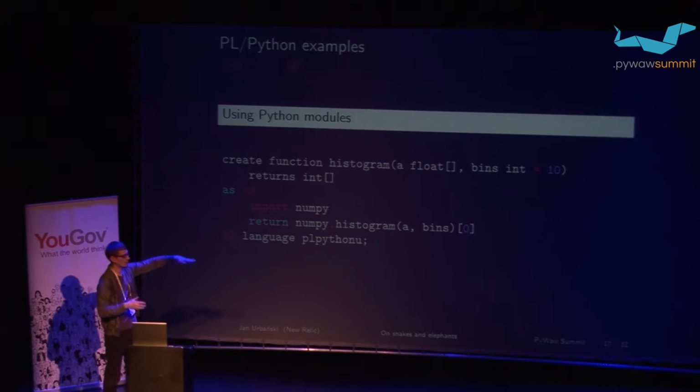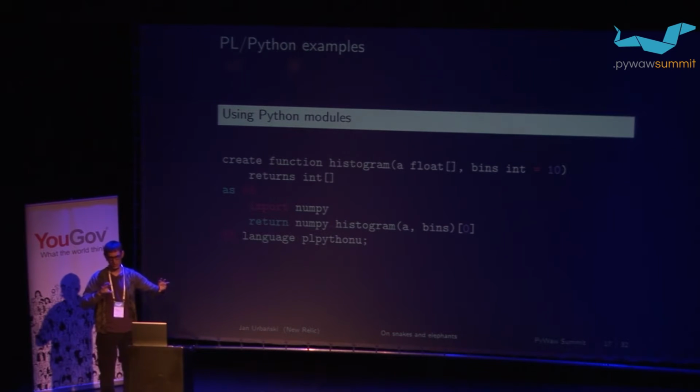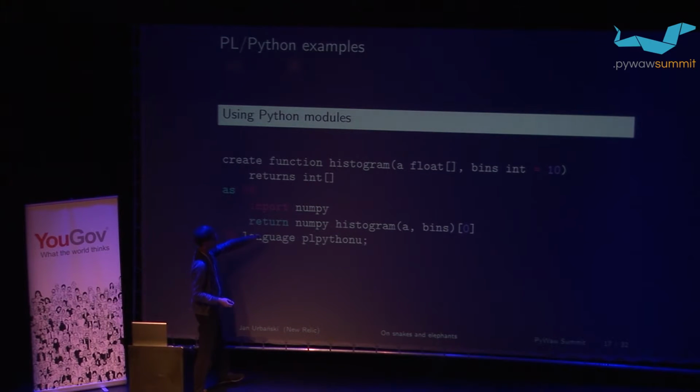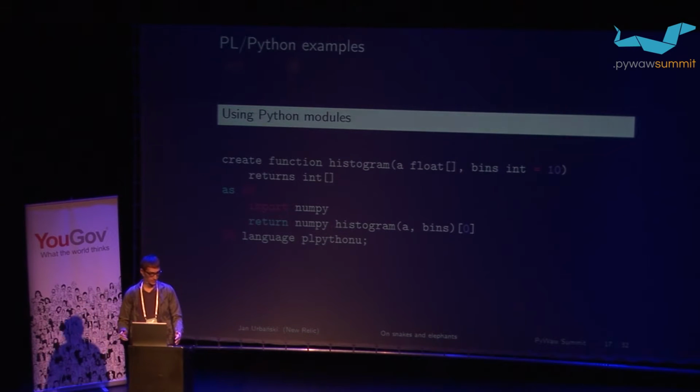So here I'm just taking the counts in each bin. And there you have it. I return an array, and Postgres will interpret this Python integer array as a Postgres integer array and make it available to me on the SQL level.